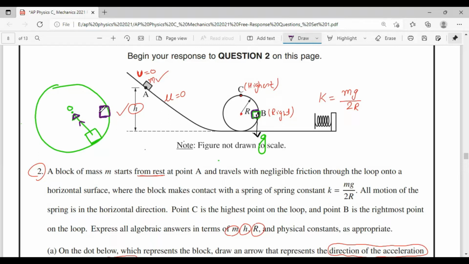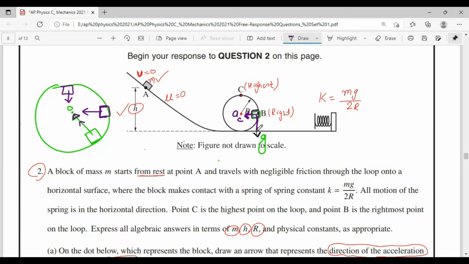So there must be a centripetal acceleration. Let us suppose this is ac towards the center. So there are two accelerations. One is pointing downward and one is pointing towards the left, right?